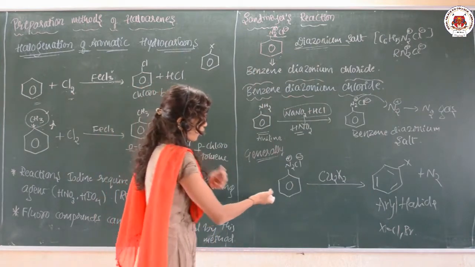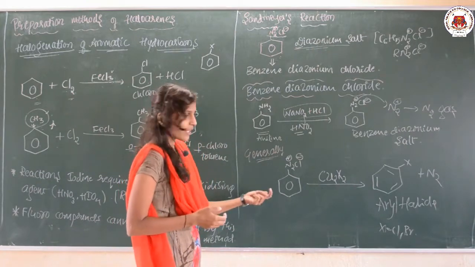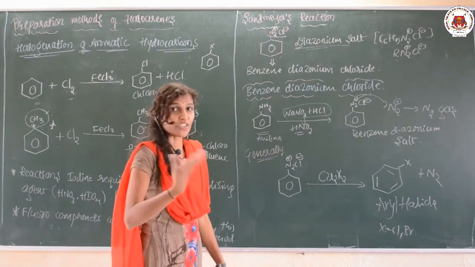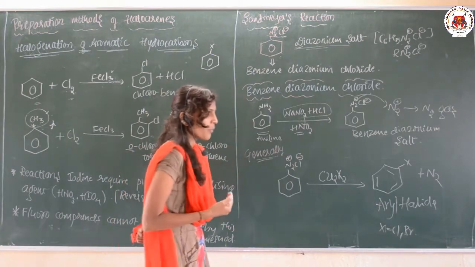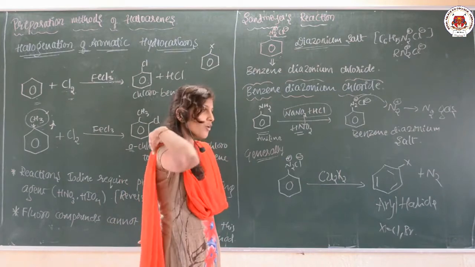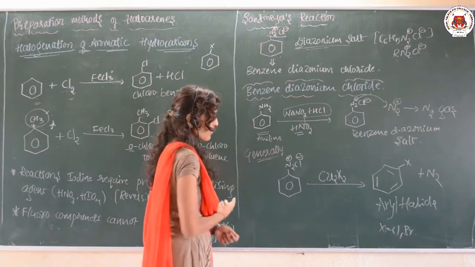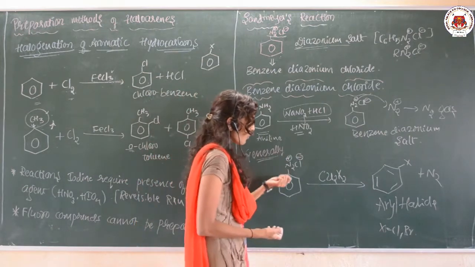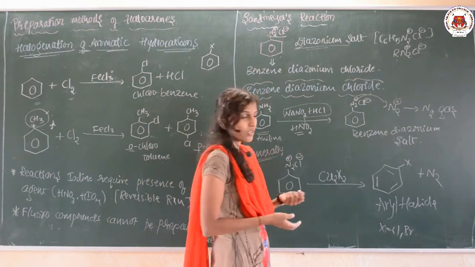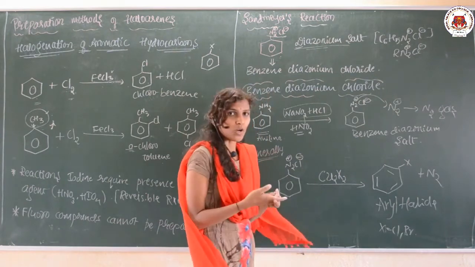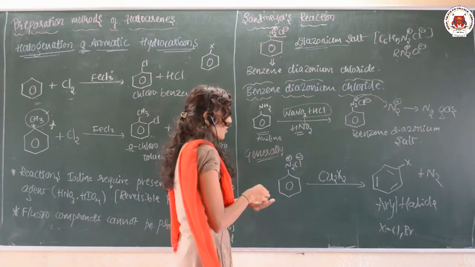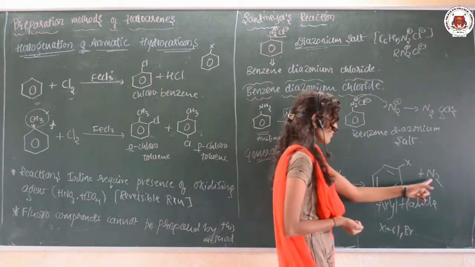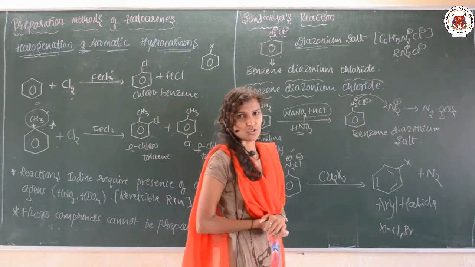So generally I am going to write one of the reactions here. This is the benzene diazonium chloride, which is treated with a copper derivative, that is copper chloride. When we use the copper halide with the benzene diazonium salt, C6H5N2 plus Cl minus reacting with Cu2X2, N2 gas is released and X is attached there.